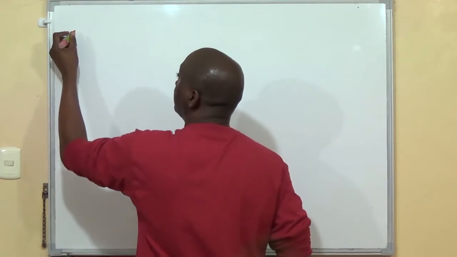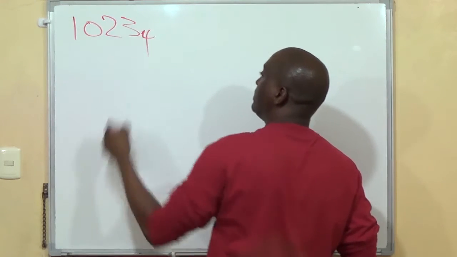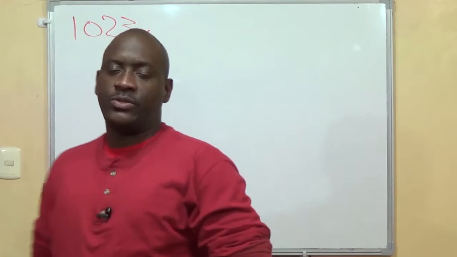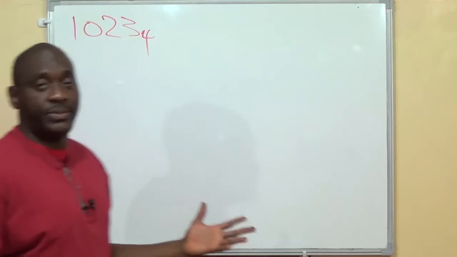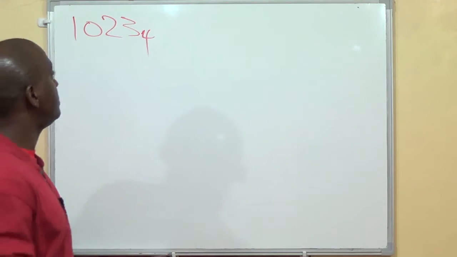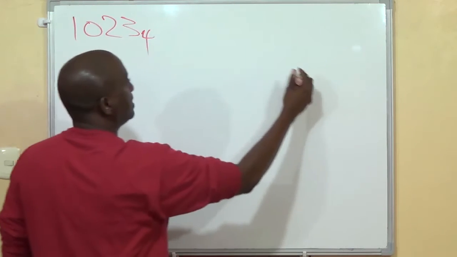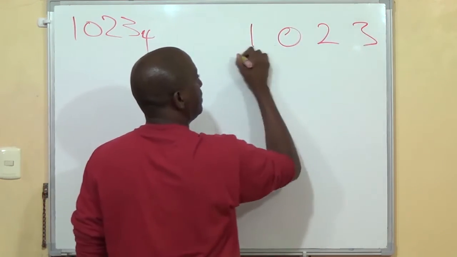Alright? So they want us to take 1023 in base 4 and express it in base 10. So when we get this in base 4, we do the same thing that we did in the previous two cases. Alright? So we go up in the corner here now to maximize the space. Alright? 1, 0, 2, 3.